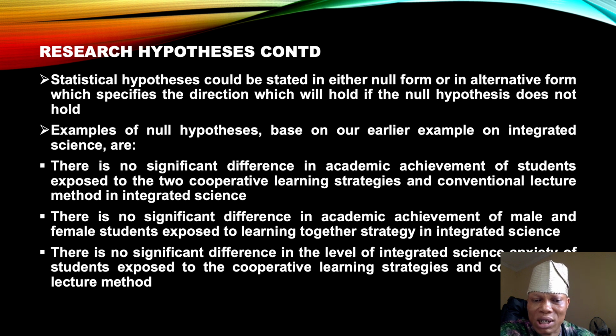It is better you coin your research hypothesis from your research question, but you can also coin your research hypothesis from your research objectives. Because if your research design is experimental, you may not need research questions. All you need is what? Research hypothesis. And you just coin it directly from the research objective.